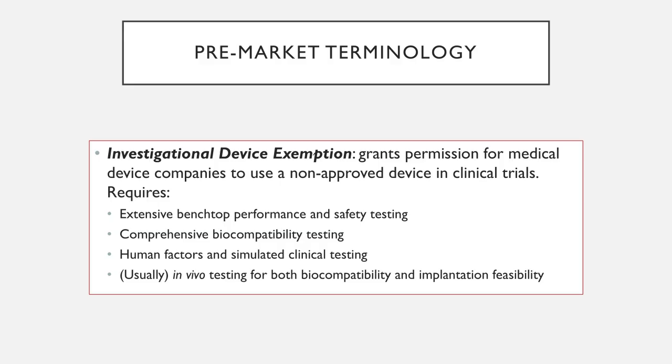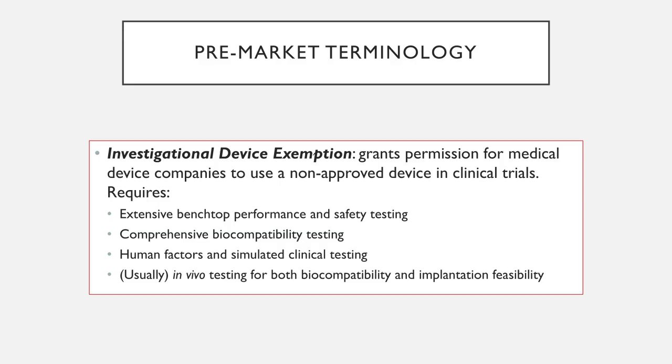Now, the investigational device exemption has its roots in core laws that ban all testing on humans for any kind of investigational or novel proprietary non-approved device. This applies to drugs and biologics as well. But you can't test on humans, unless you get an exemption by the governing body, the FDA.